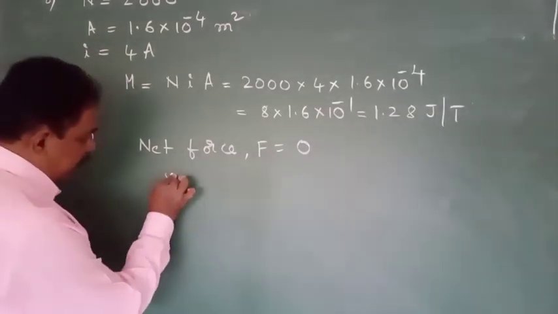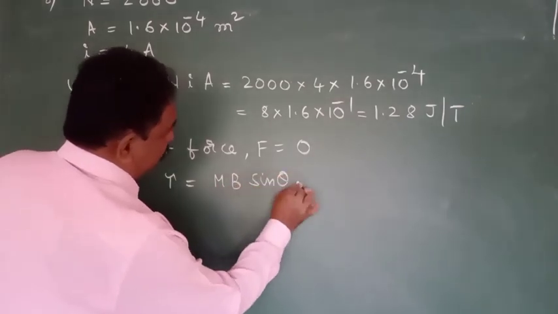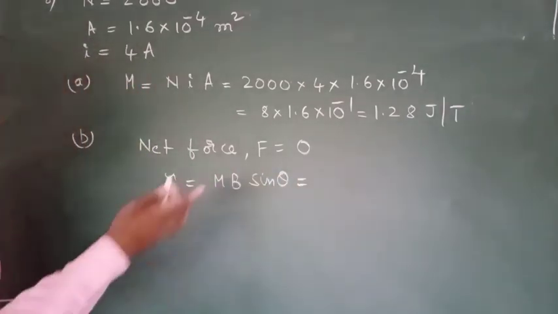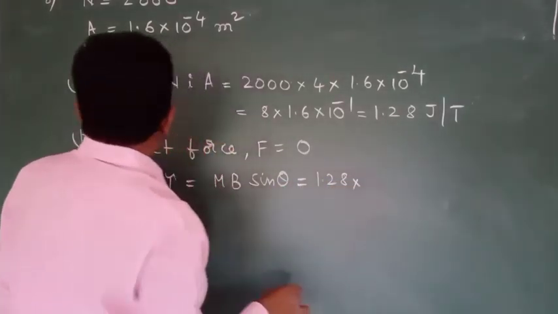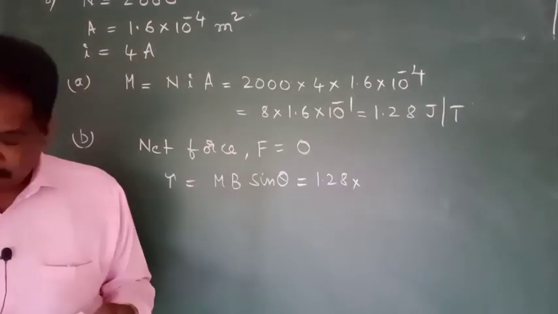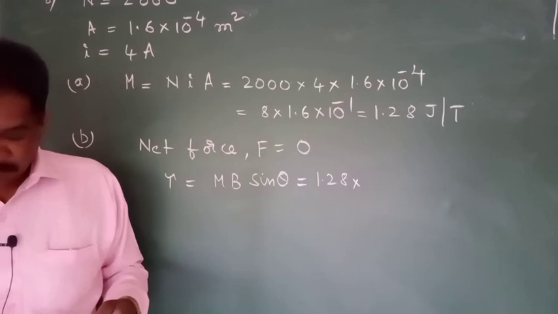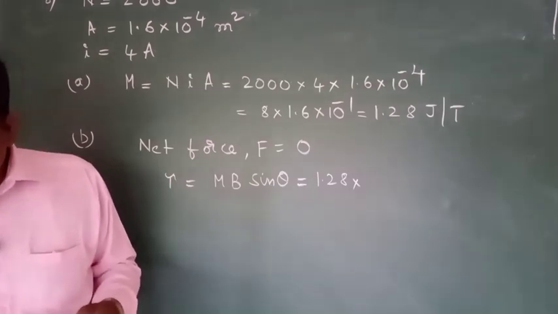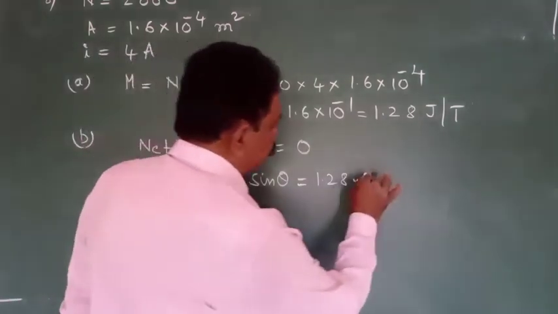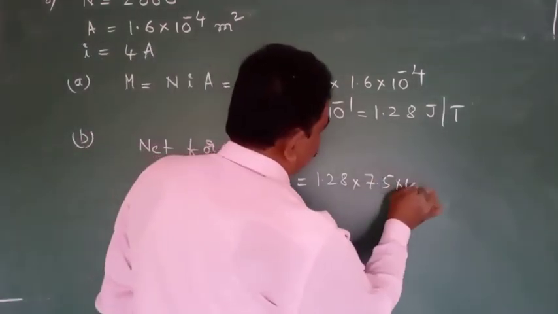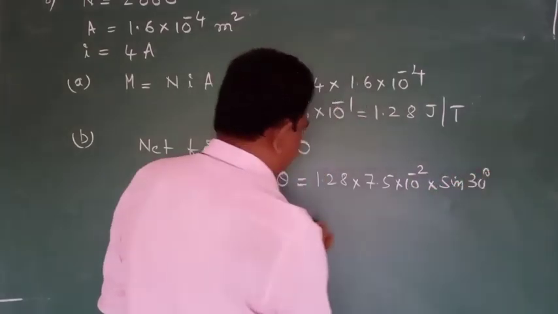What is the torque acting on the solenoid? Tau is equal to MB sin theta. M value we got 1.28. B value, what is the magnetic induction where it is placed? So B value will be 7.5 into 10 power minus 2 into sine 30 degrees.